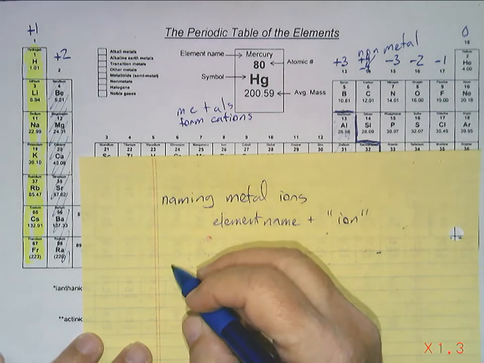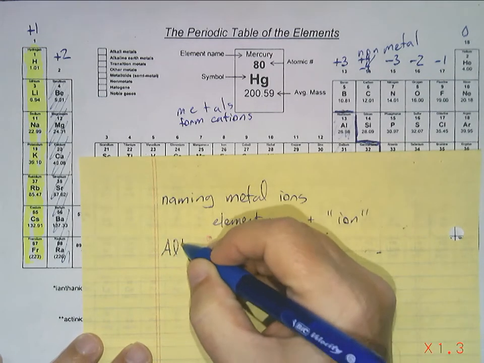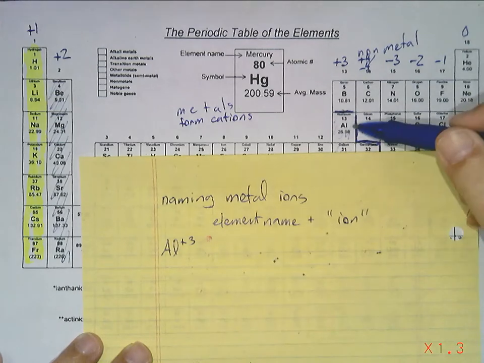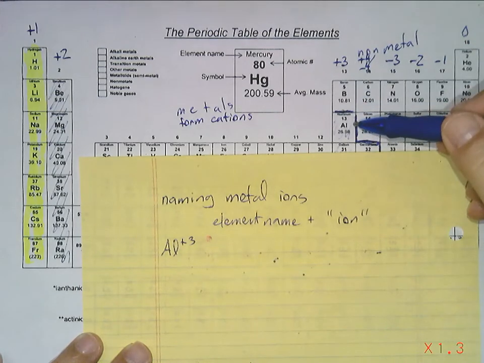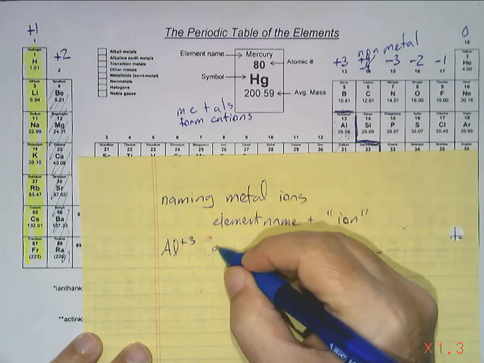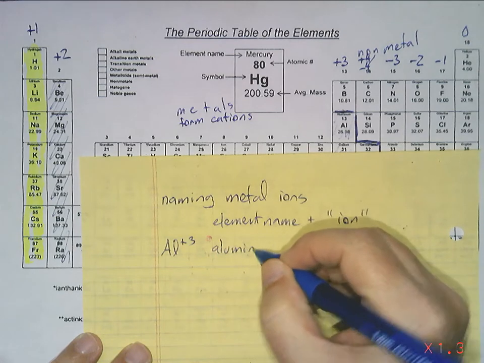So if I say we have Al +3, that's an aluminum ion. You can see it's in the +3 column right here. I will just call it aluminum ion.